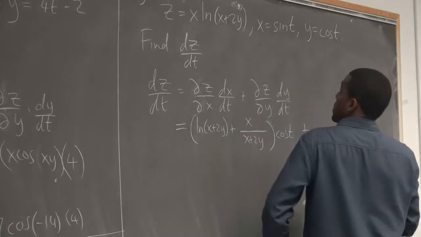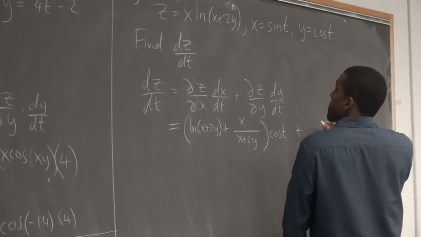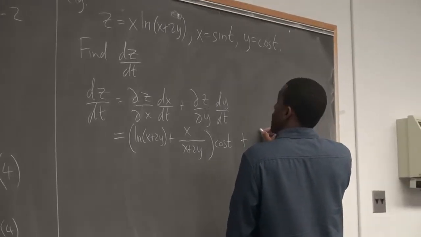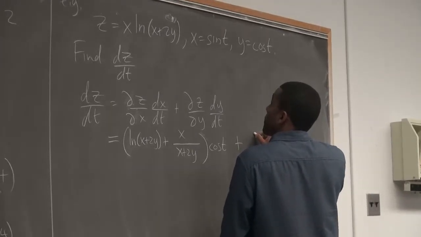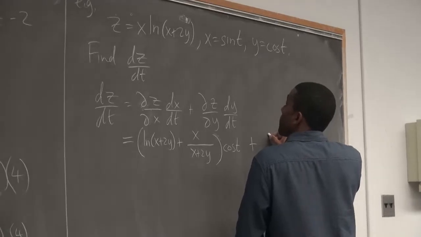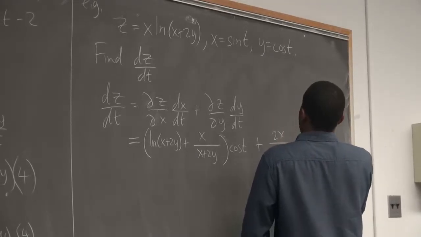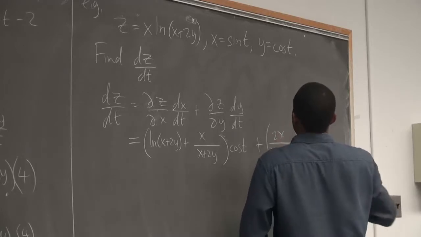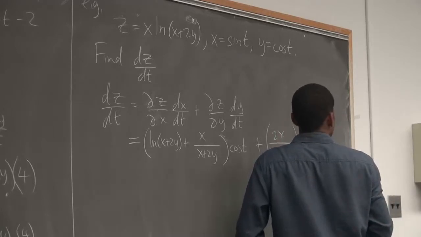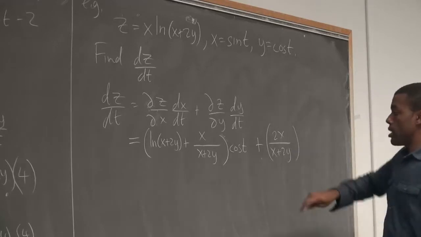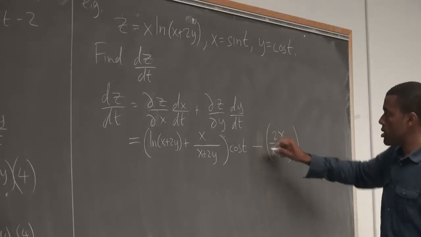Plus partial with respect to y is what? x, 2x over x plus 2y, and all of that times negative. Negative sign, so you can change this to a minus.